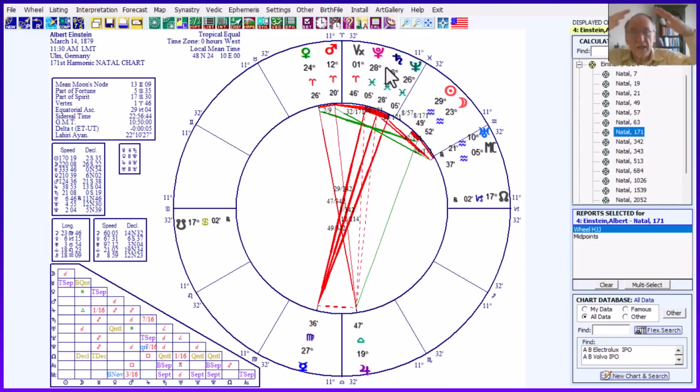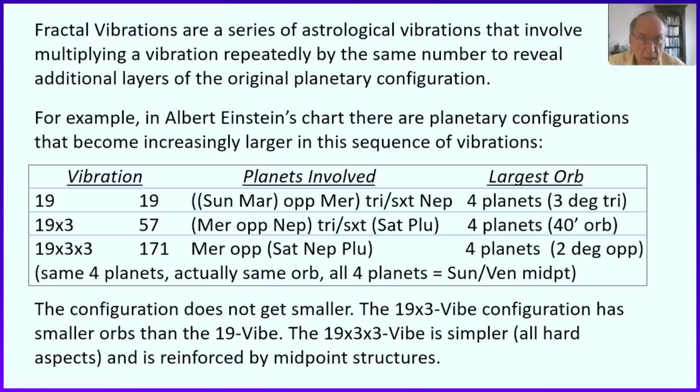So we're seeing that as we take 19 and we multiply by 3 again, not only is a planetary configuration involving some of the same planets being retained, but it's getting stronger and picking up midpoint structures. It's become very simple as all hard aspects. Okay, so it's a clear fractal pattern. Okay, back to the PowerPoint.